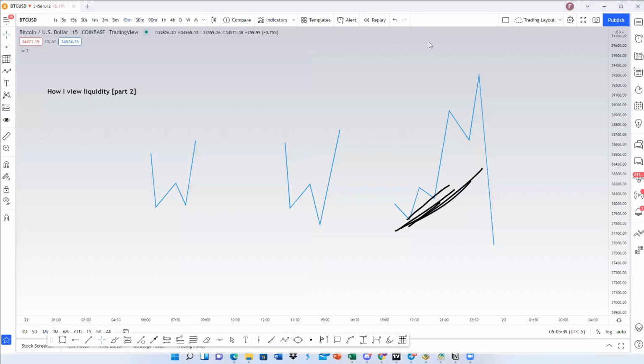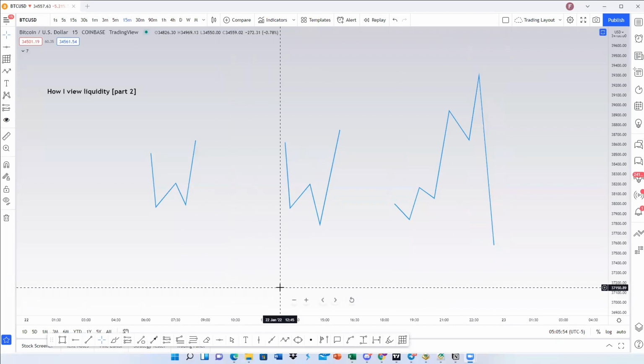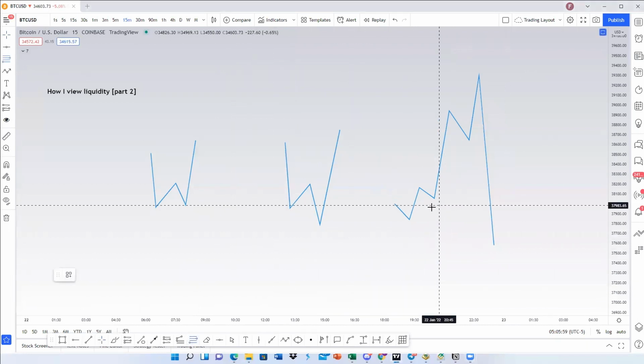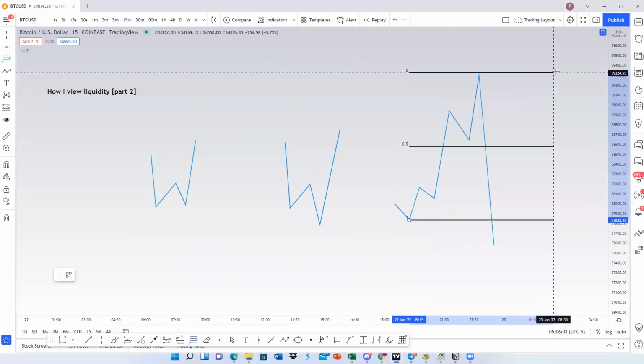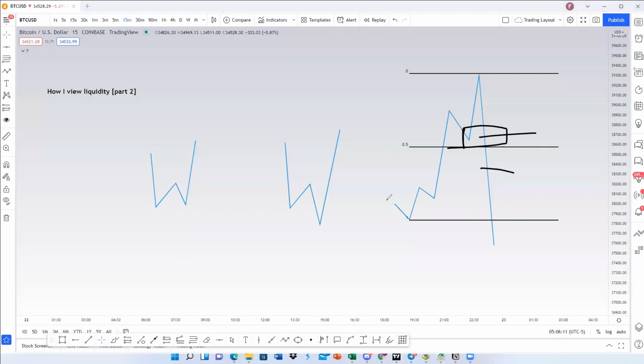Upon taking sell-side liquidity in that form, what can we expect? We can expect price to retrace into the 50% mark of the broken range here. It's going to line up with ICT's breaker block plus an imbalance.